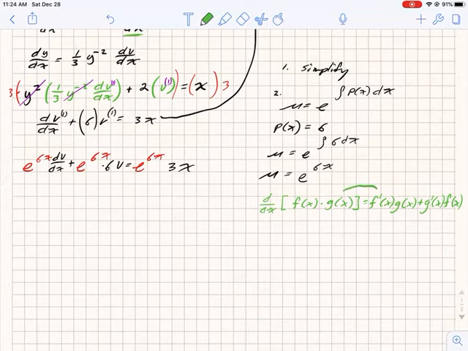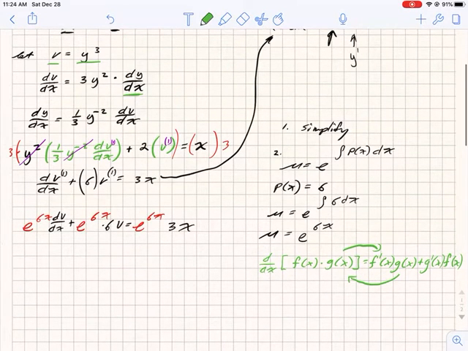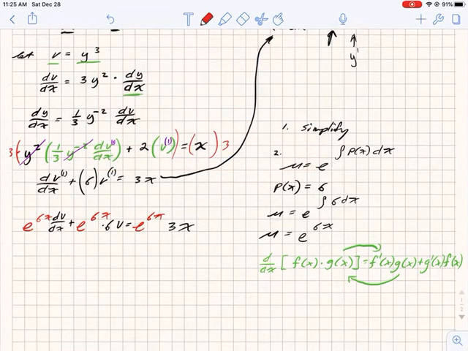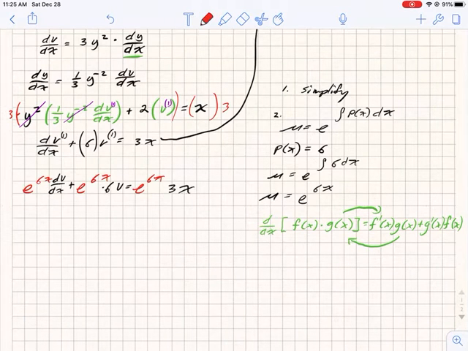Normally we go this way in differential equations. Specifically with linear differential equations, we're going to go the opposite way. So let's identify our variables. Now dv over dx, we're going to call that, let's use green, dv over dx will be our f prime of x.